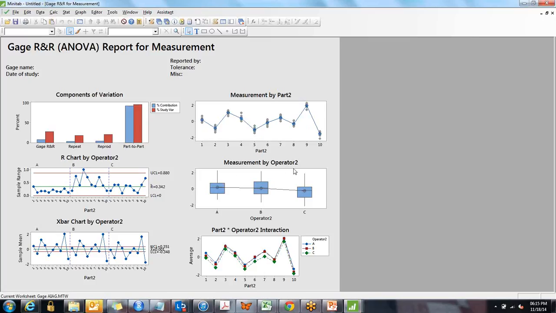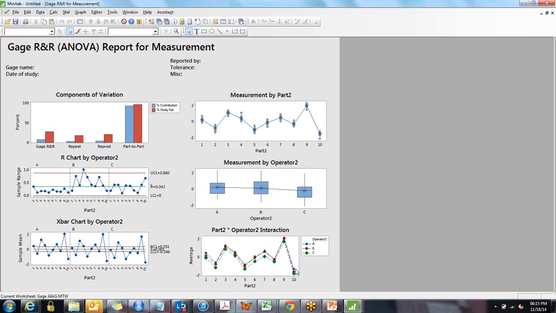Let us go to measurement by operator. It has to be on a straight line. Here more or less it is on a straight line. If I can connect the means using a straight line, then that is a good indication for me. Let us look into the last one, operator and part operator interaction.